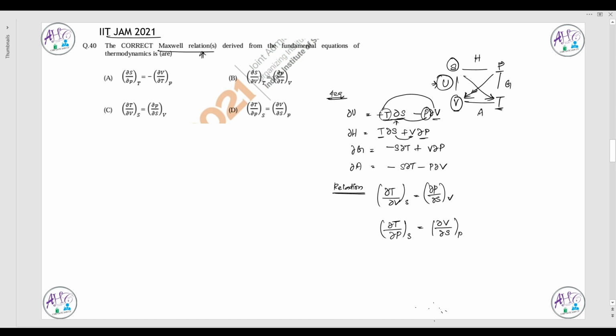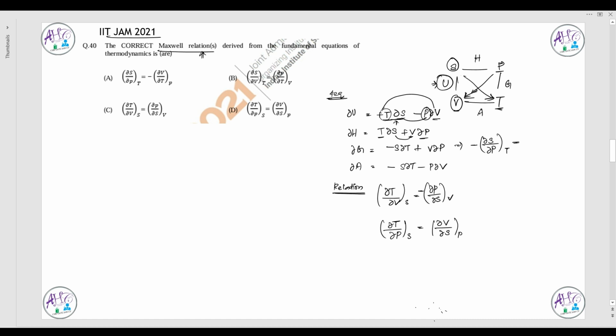Likewise for your Gibbs, this is going to be dou S by dou P at constant temperature. One thing I missed is a negative sign. Here we don't have a sign, so here we'll have a negative sign.